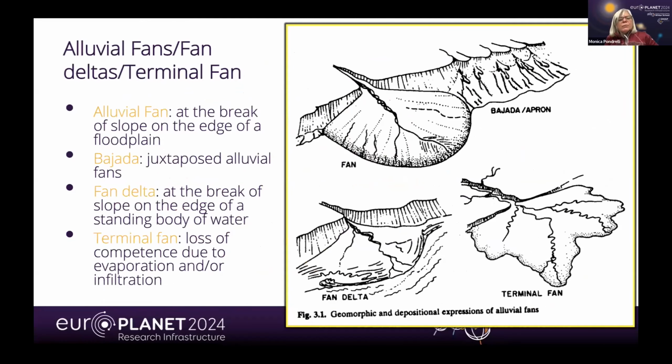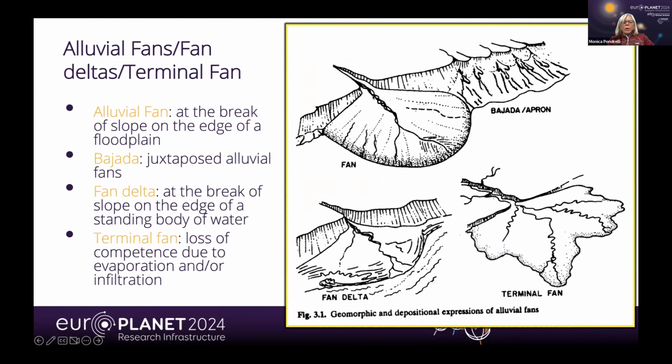Alluvial fans. Alluvial fans form at the break of a slope, for example, here, where the topographic slope changes, which leads to deposition at the edge of a floodplain. When we have many alluvial fans next to each other, we have a bajada like this one.